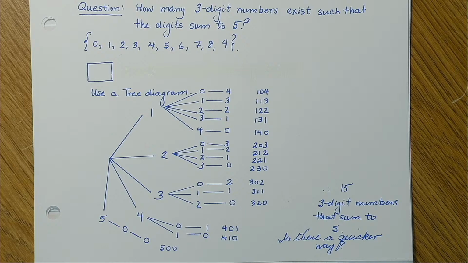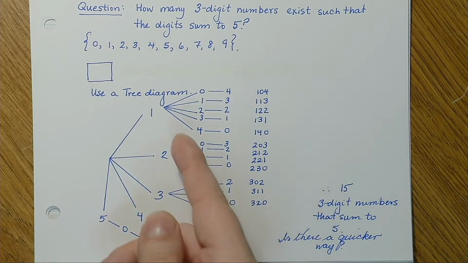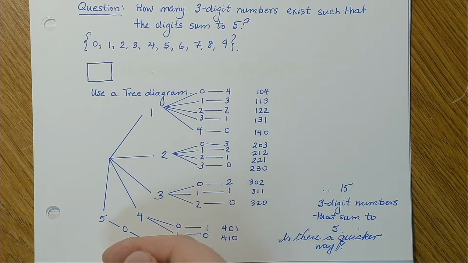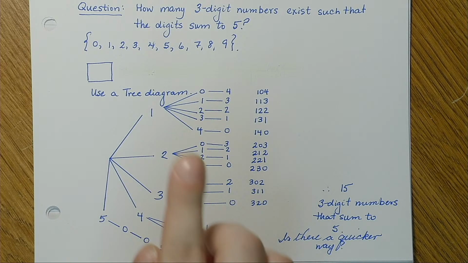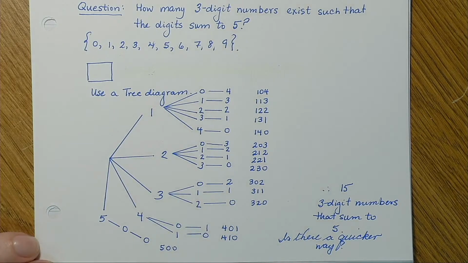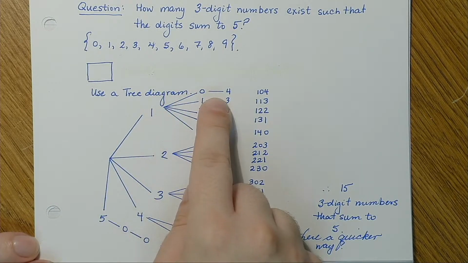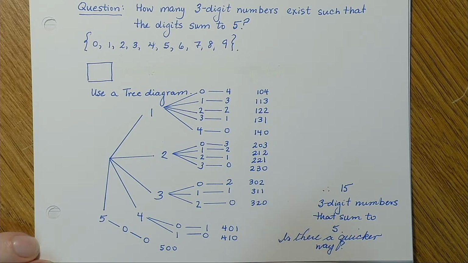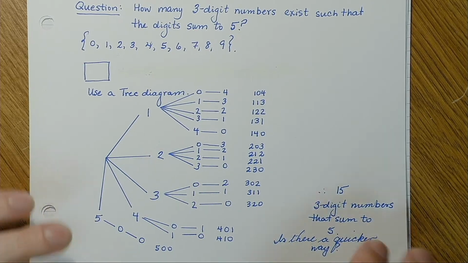So working with the digits, for the first digit I have 1, 2, 3, 4, 5, excluding 0, because I don't need that for the first digit, and then you can work it out this way. In total, there are 15 three-digit numbers that sum to 5, and is there a quicker way? We might come up with something a little bit later.